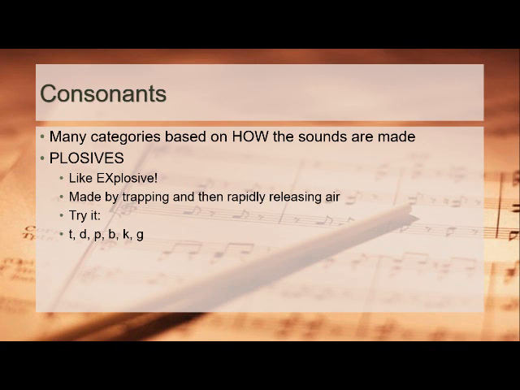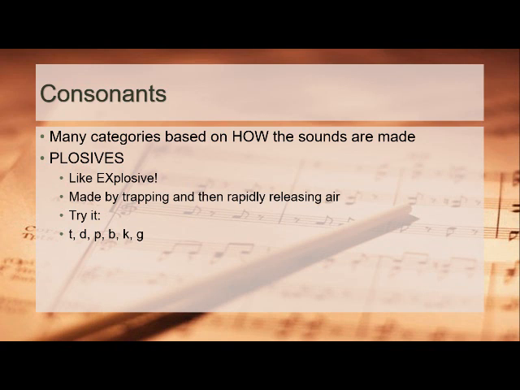The first category of consonant sound that we're going to talk about is called the plosive. These sounds are made by trapping and then rapidly releasing air in little tiny explosions. The sounds that are in the plosive category are t, t, as in the letter T. Try it. T, t, t.